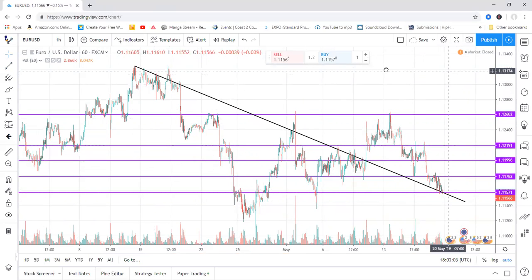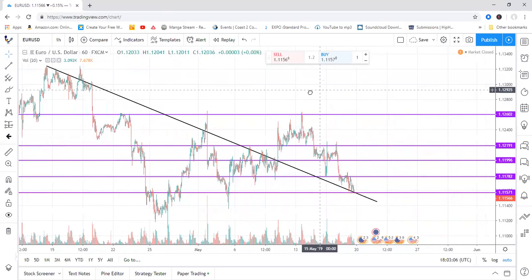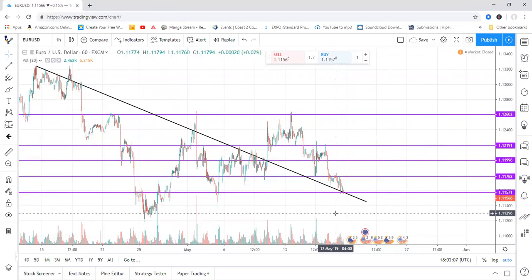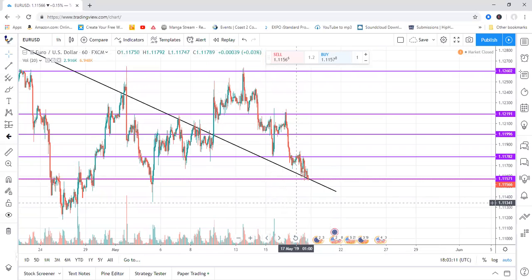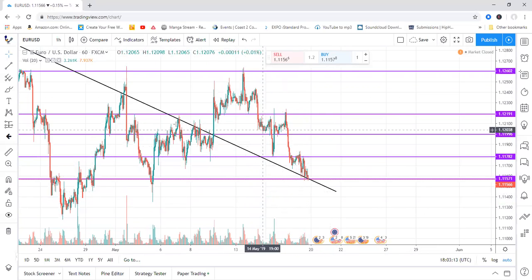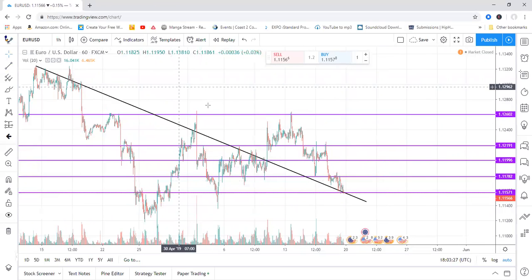All right, so let's go back in time and see what happened on last week's chart. As you can see, there was a nice little support. There was a lot of support resistance in this area, and over here you can definitely see that there is some resistance.